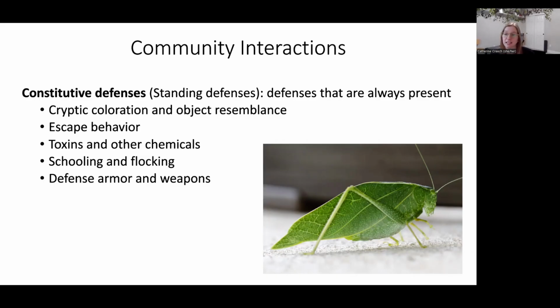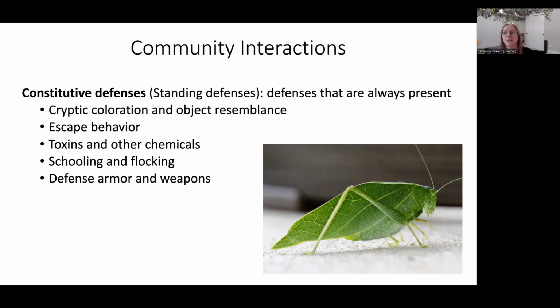Another example of a standing defense, a defense that's always there, is having armor or weapons on you. So think of an armadillo, but also think of thorns on a plant like a rose. We have escape behavior, running away. That's always a good defense. Plants can't do that, so they use toxins. That's the allelopathy that we just discussed.